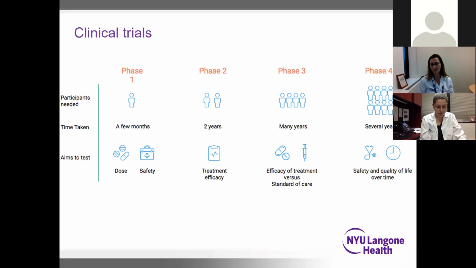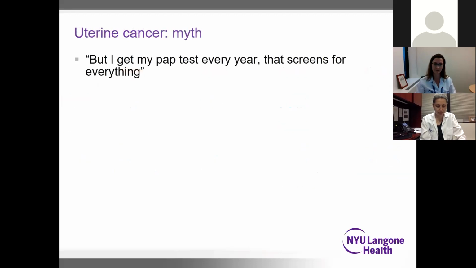So clinical trials, you might hear about a lot, and this is really an opportunity to get the next best treatment, one that could be our new standard of care once we've studied it. This is a very important part of cancer treatment.